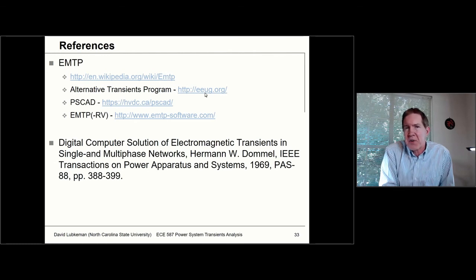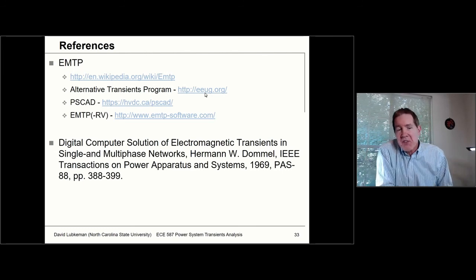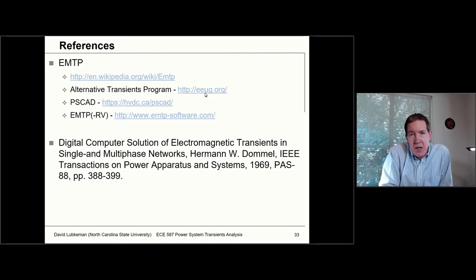They have a lot of their own tools as far as graphic interfaces, and you would become a member of this and you can get access to this freeware code. So if you really wanted to scale stuff up to a large system and you didn't want to get a PSCAD or EMTP-RV license, you could always run ATP, right? It basically would have the same capability as the other EMTP codes.